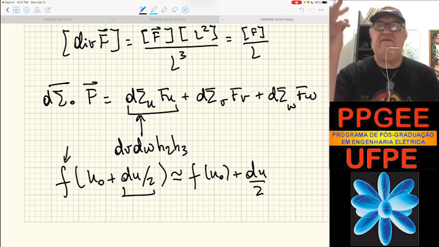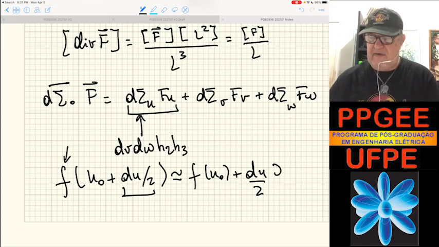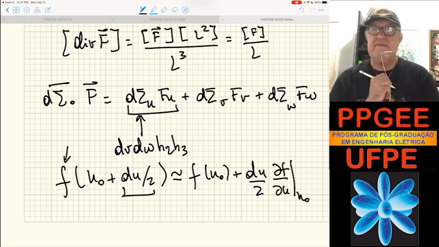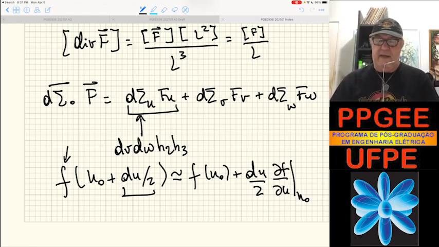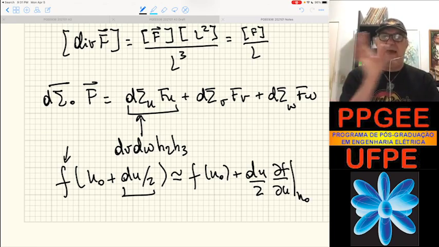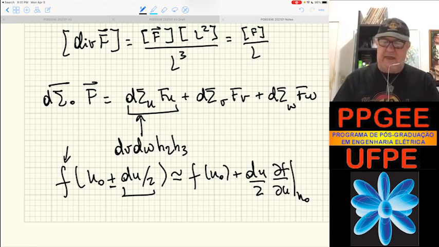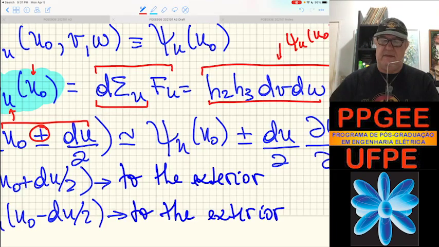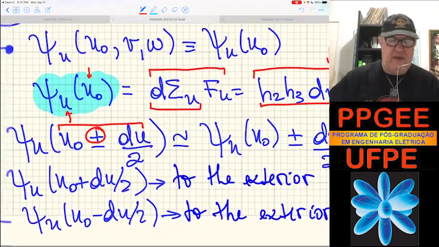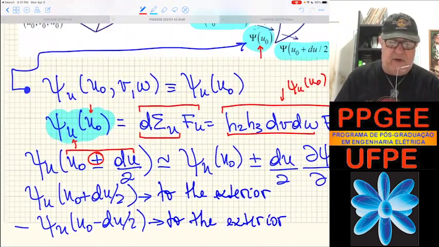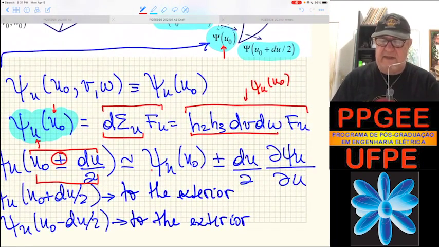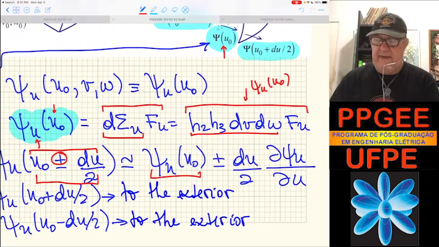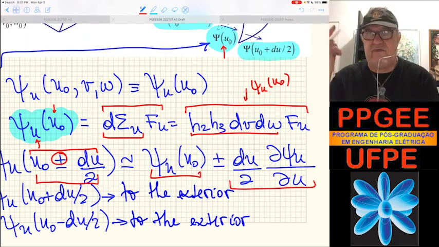Recall that this function is a function of 3 variables, so it's a partial derivative, df du at the central point. Okay? If I want to go to the back surface, I go to minus here, so it's going to be minus there. So that's what I'm doing here. The flux in the front or back surfaces is equal to the flux on the central surface plus or minus the correction to first order.